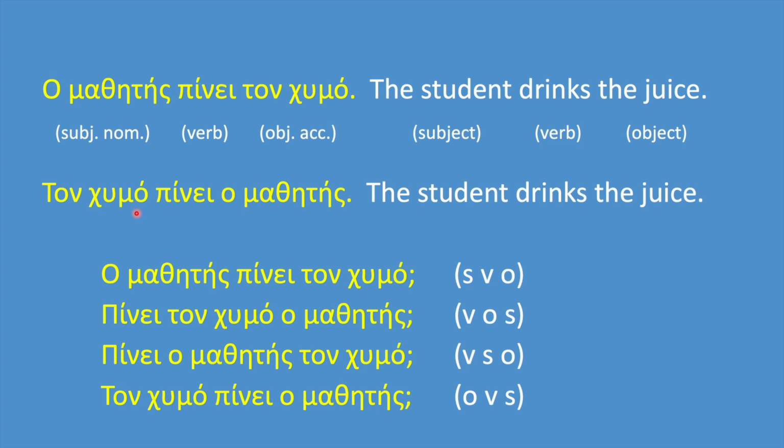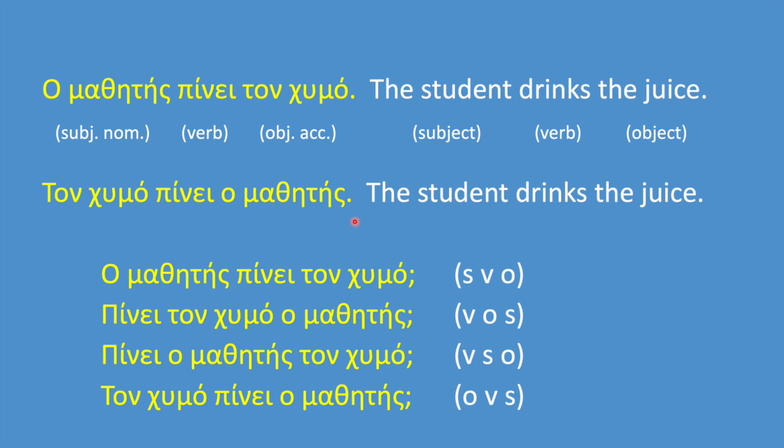Τον χυμό πίνει ο μαθητής. Τον χυμό is still the object, even though it's at the beginning of the sentence. The student drinks the juice. The meaning does not change. The sentence still means the same thing.